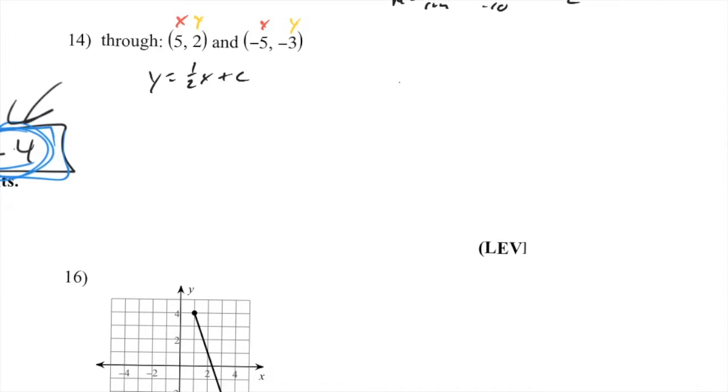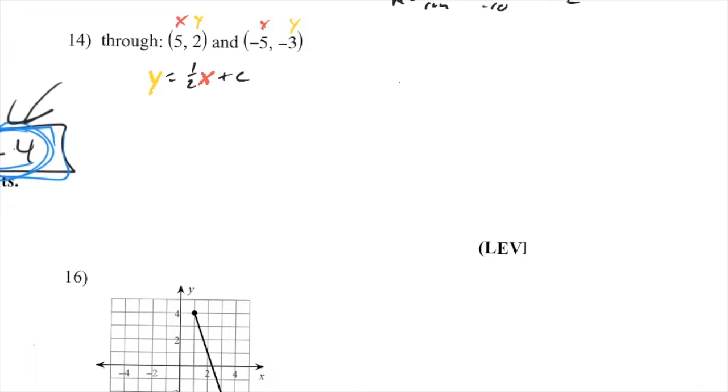Which should you pick? You should pick the least ugly one, right? So I'm going to, in place of this x, put our x value, and in place of this y, put our y value.